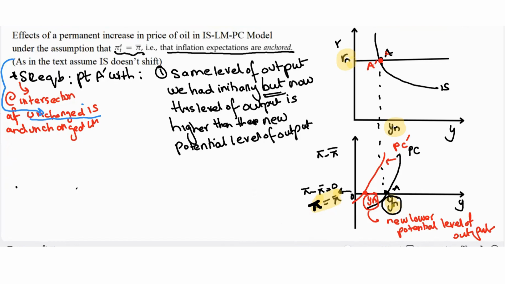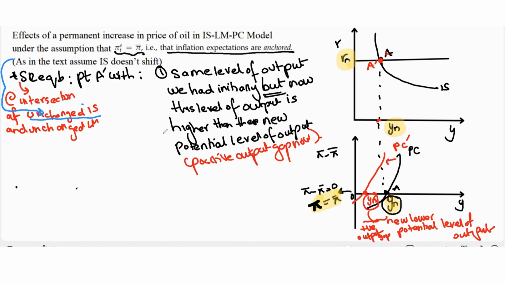We have a positive output gap here. This was the new level of output, but this is the potential level of output. So we have a positive output gap now.